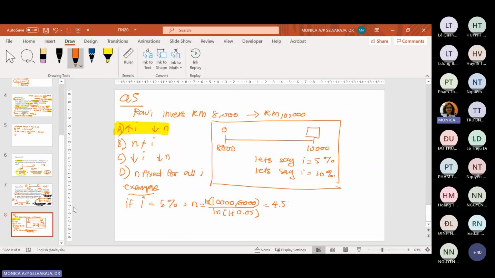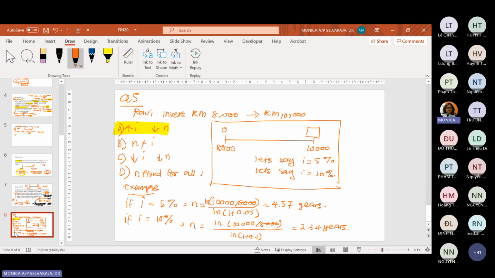We calculate to confirm it. And if I is equal to 10%, here you will get 2.34.